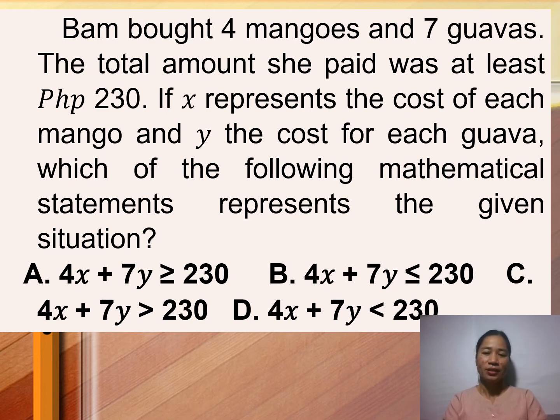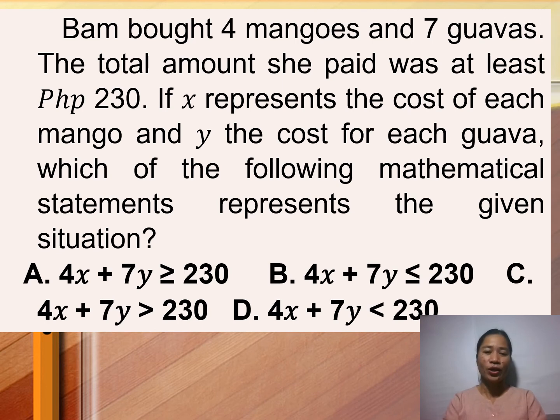Okay? So, is it 4x plus 7y is greater than or equal to 230? Is it 4x plus 7y is less than or equal to 230? Or 4x plus 7y is greater than 230? Or 4x plus 7y is less than 230?